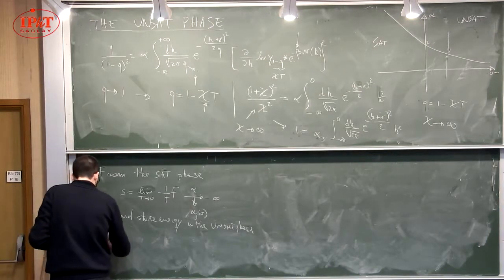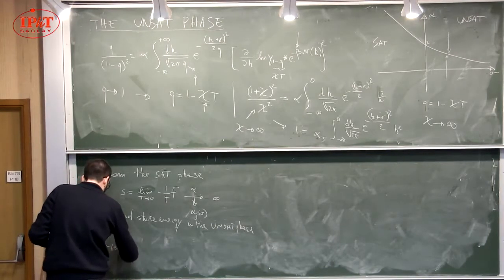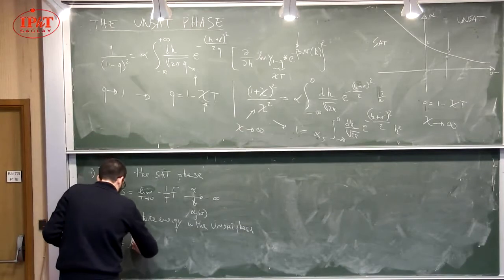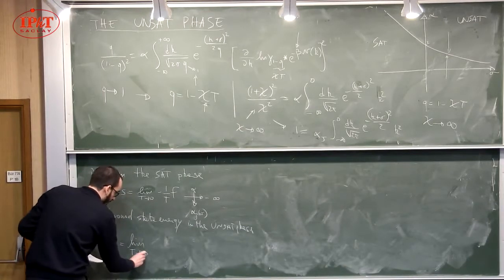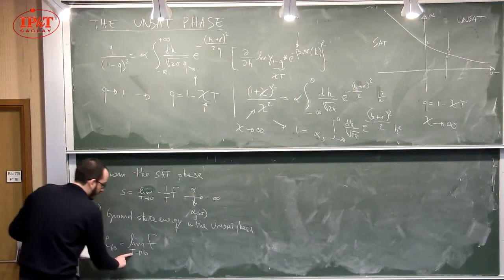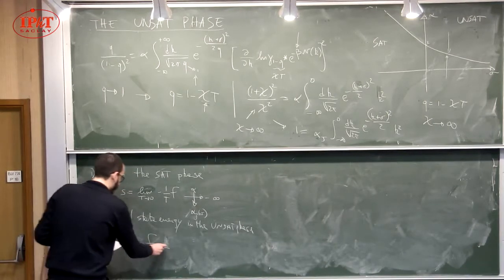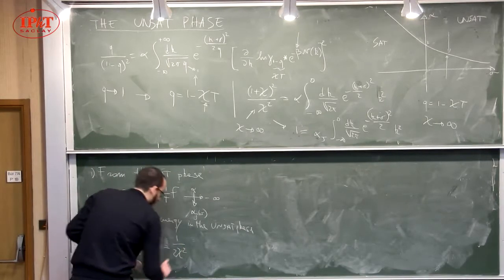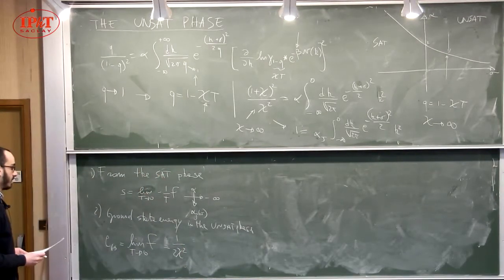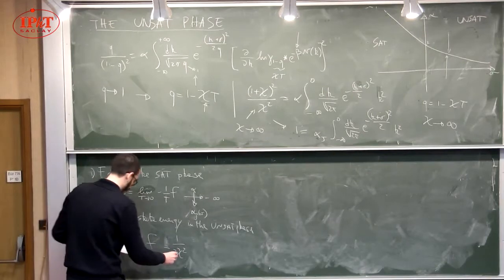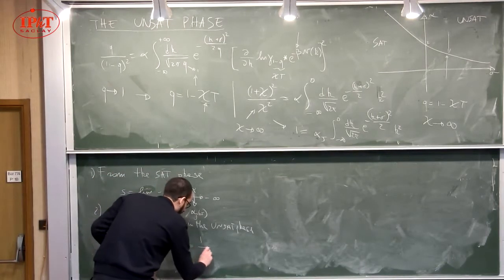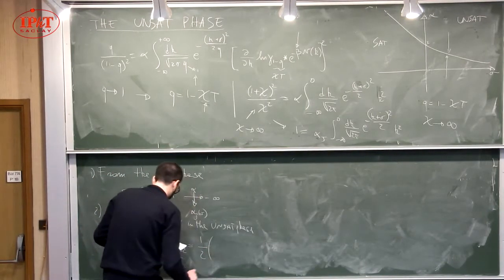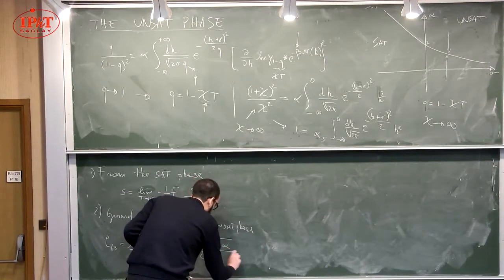So this is an easy computation, and what you get is that the ground state energy is just the limit of zero temperature of the free energy, and you can show that this is 1 over 2 chi squared, and this can be also rewritten in this way.